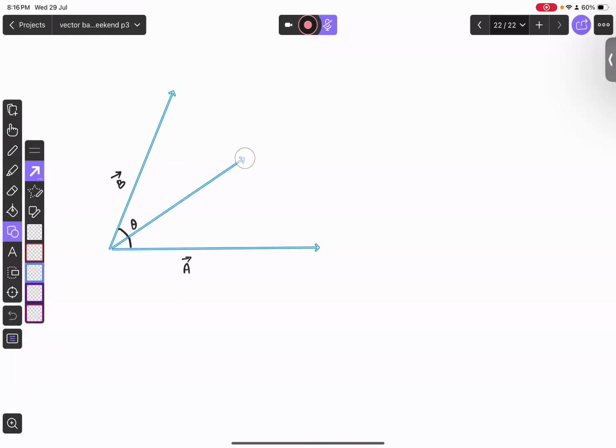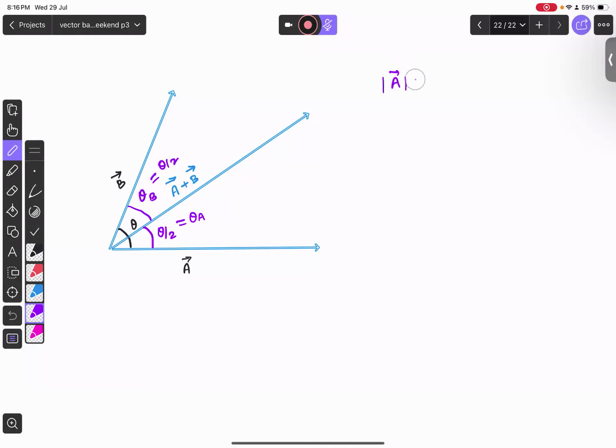Can you prove it fast? So we have to construct a parallelogram, but we are doing it in our head. The resultant of these two is given by that diagonal, which is passing through the tail of A and B. So this A plus B, the resultant of A and B, is going to make an angle with vector A, and it is going to make an angle with vector B. The angles made with vector A and vector B are both going to be equal if A and B are equal vectors.